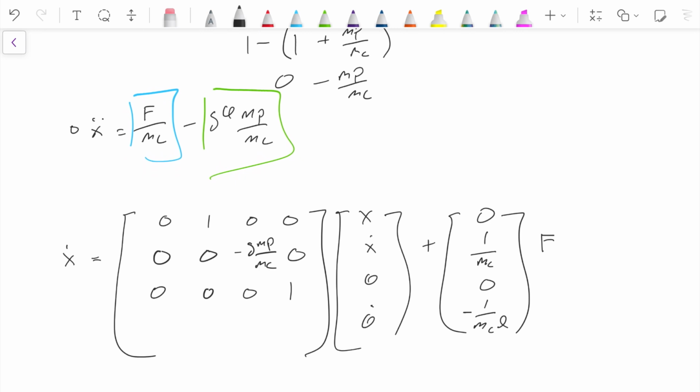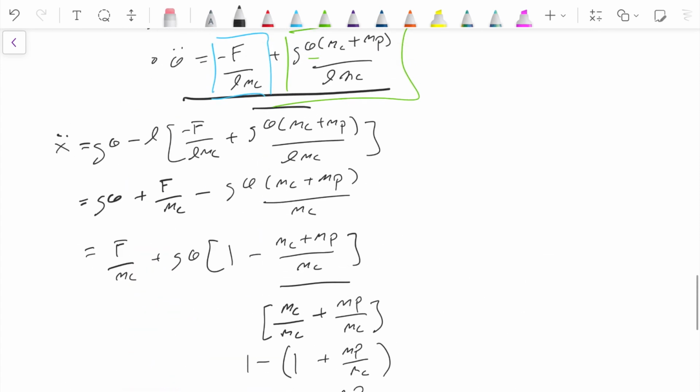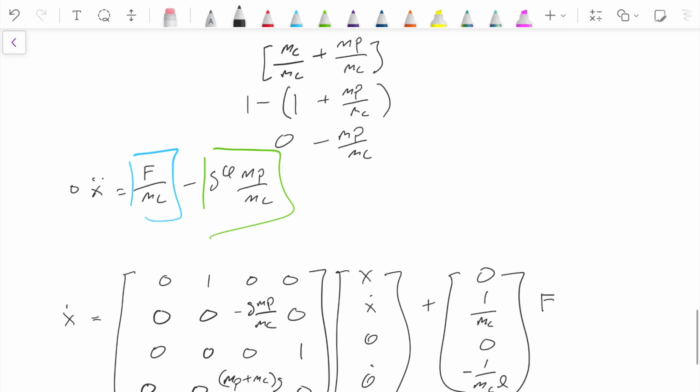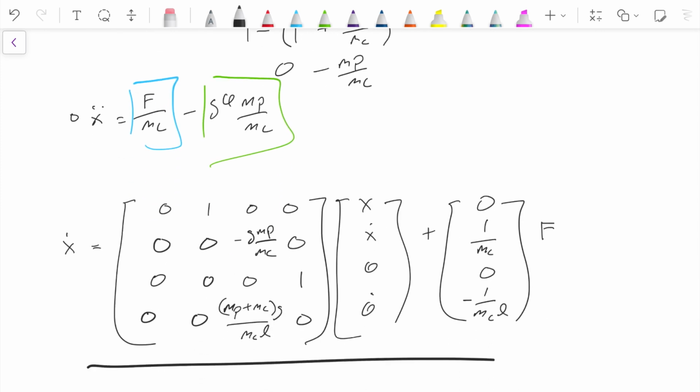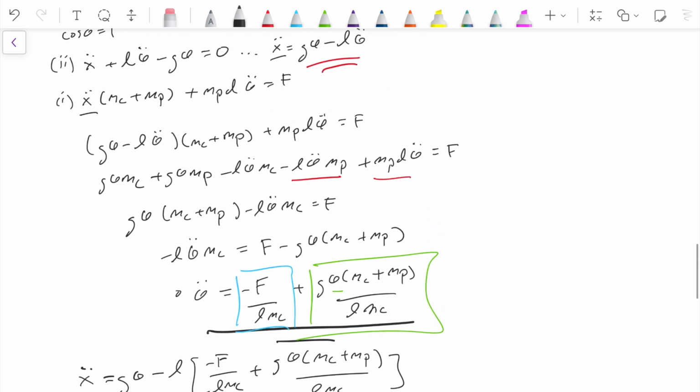So that will be (Mp plus Mc) g over Mc L and 0. Double check g theta. Yep. Okay. Just wrote it differently. And this is our state space form for the linearized upright position of the pendulum.